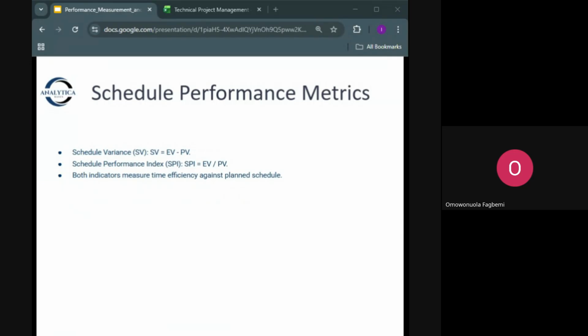We also use schedule performance index, which is SPI. Now you may ask, what is schedule performance index? It measures time efficiency, how efficiently you are performing compared to schedule. So SPI means schedule performance index. SPI will be EV divided by PV, earned value divided by planned value.